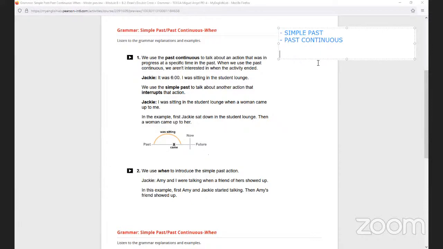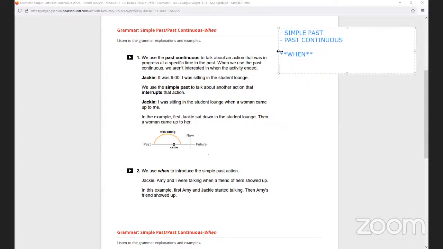In this case, we're only using past. So we're using the two tenses in past that we have, simple past and past continuous. So we could join these two statements by using this connector, when.